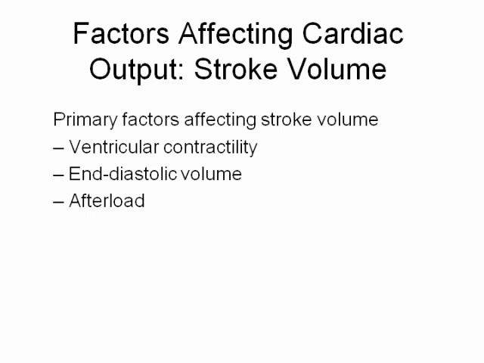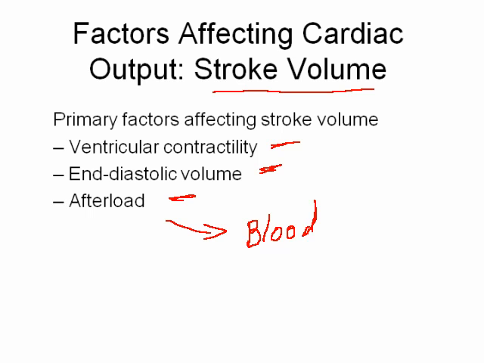Other factors that can affect cardiac output. Well, the stroke volume. We've talked about that already. Main factors that affect stroke volume are the ventricular contractility, that is how forcefully the ventricle contracts, the volume that you start with, so the end diastolic volume, and then the afterload. Afterload is related to blood pressure.